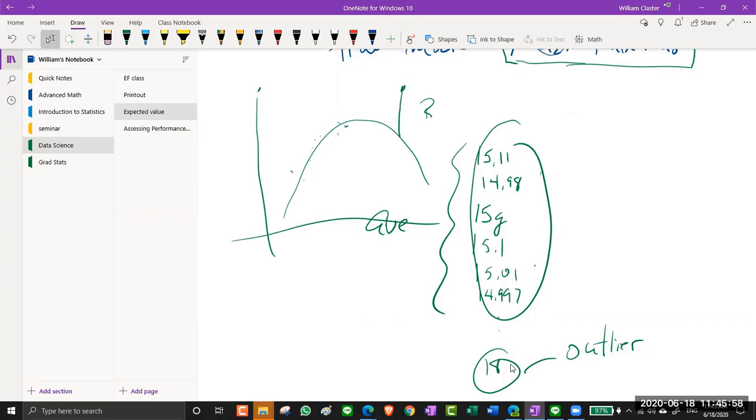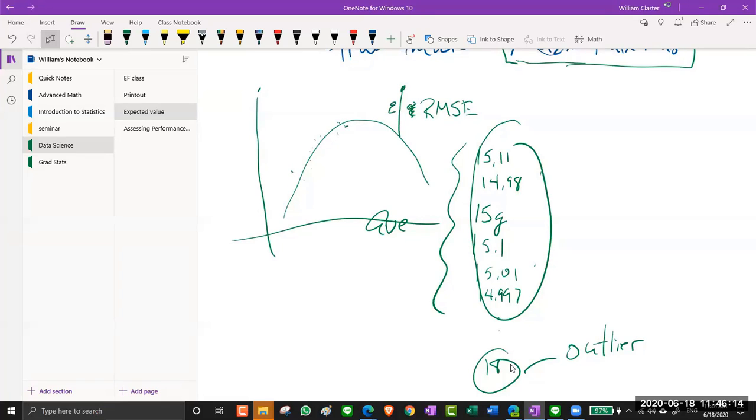And if we do the RMSE of this and include this point, this is an error.